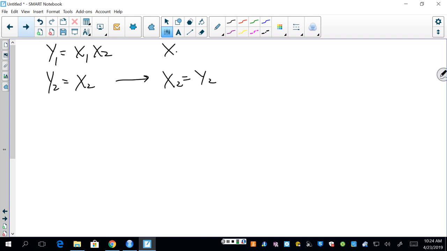But what's the inverse? How do we get a value of x1? If somebody gives you values of y1, y2, how do you figure out what x1 is? Well, just the ratio of these two things will give you x1. So written in terms of y, you take y1 over y2, it should give you that same value.